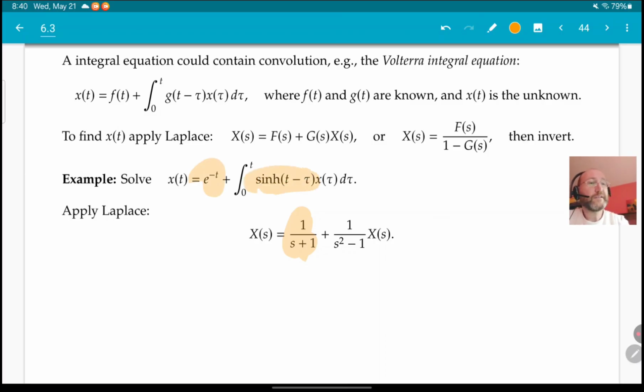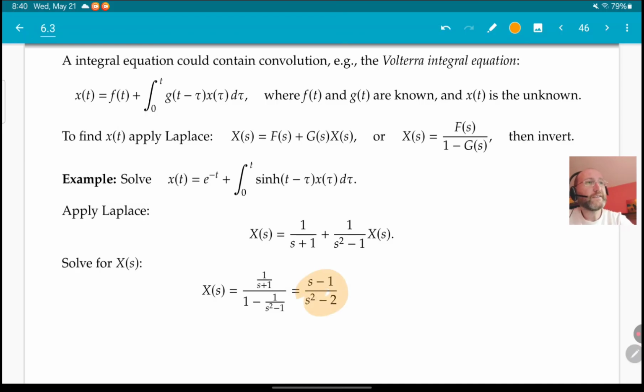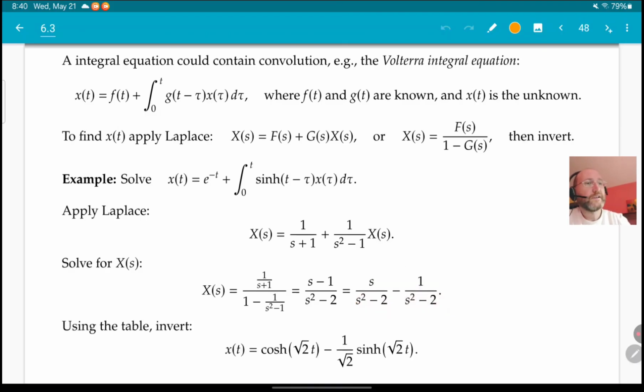The hyperbolic sine becomes 1 over s squared minus 1, and x is of course capital X. So we solve for capital X, which is just this thing once we simplify, and we do partial fractions. Then we just look at the table and we invert, and we get this thing. And that's the solution. That's the x that solves this equation.